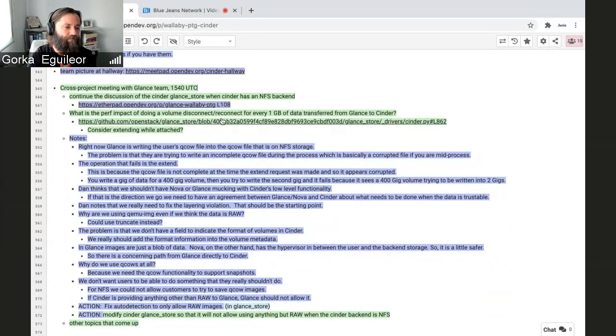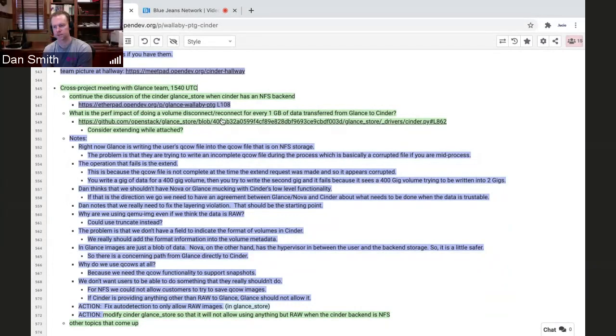So that would need to change because Cinder would need to know that Glance did not provide the low-level format. Glance stored the format in something that you have.